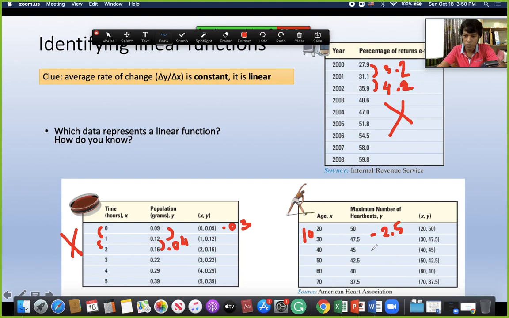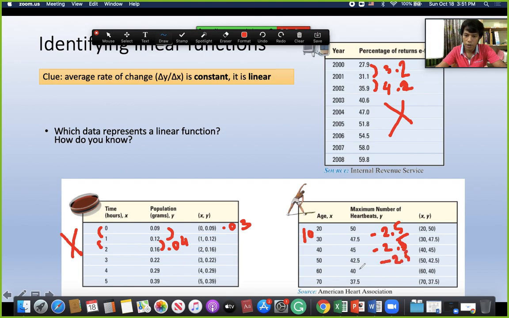The answer is minus 2.5. Then 42.5 minus 45. We can see that this is the same. So here also the answer is minus 2.5.